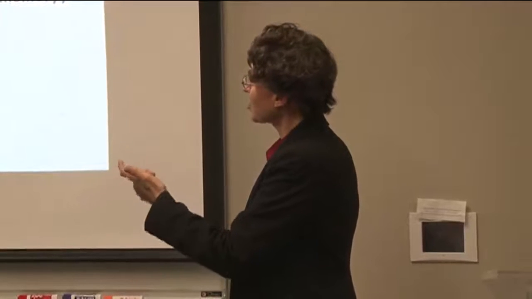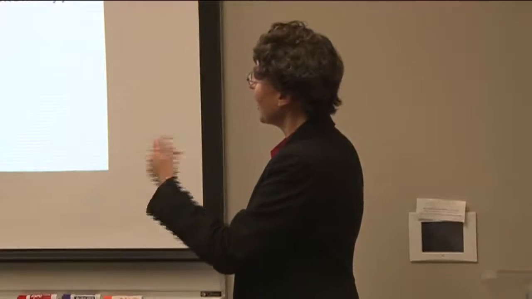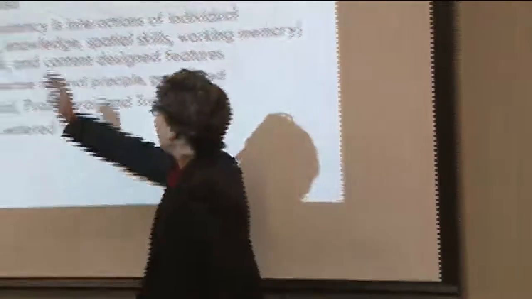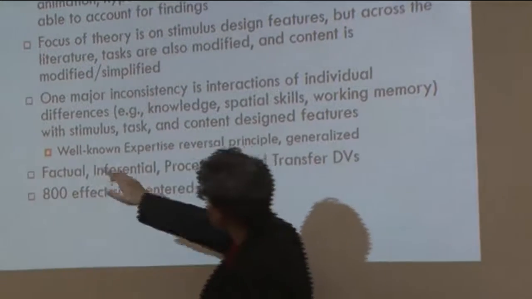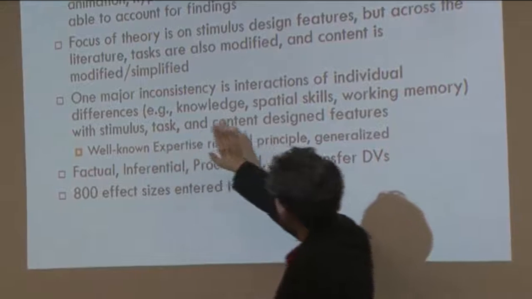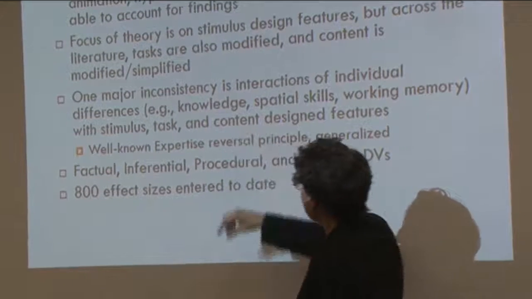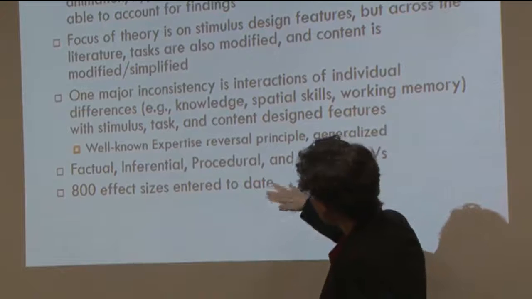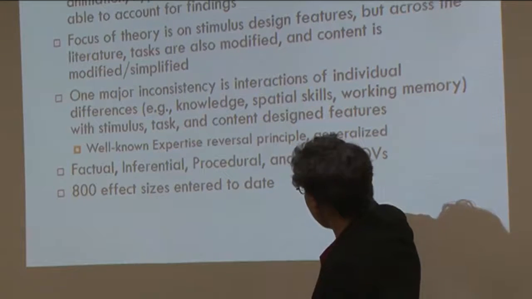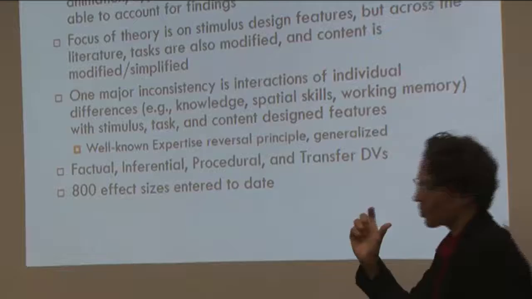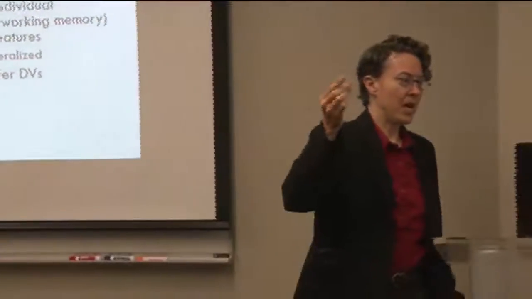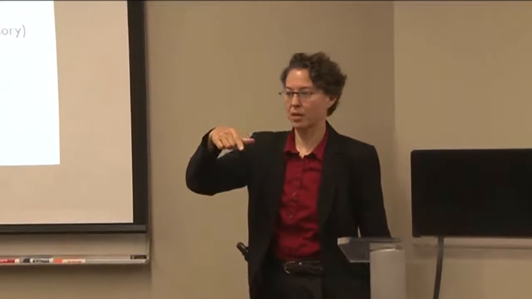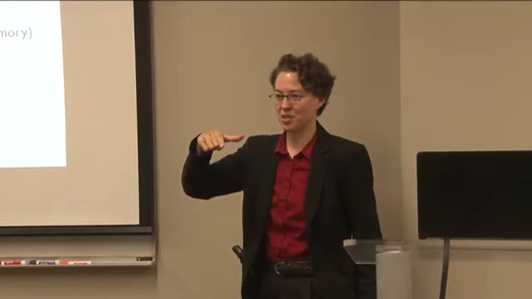So in this meta-analysis, I'm thinking about the way that tasks are varied and the way that content itself is modified or simplified, as well as these individual differences. They should start sounding familiar: knowledge, spatial skills, working memory, and those then interact with stimulus design, choice of task, and simplification or non-simplification of content. And if you know cognitive load theory, this does show up in one little corner of it, which says higher knowledge people may be harmed by our stimulus modifications.